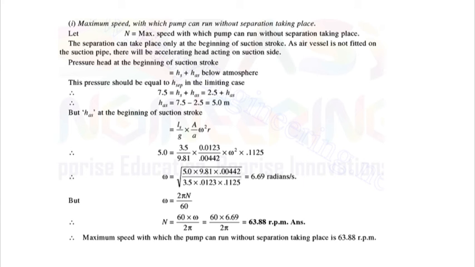We had derived this in the video of indicator diagram. So pressure head at the beginning of suction stroke is HS plus HAS, but this value will be below the atmosphere. This pressure should be equal to H separation in the limiting case.